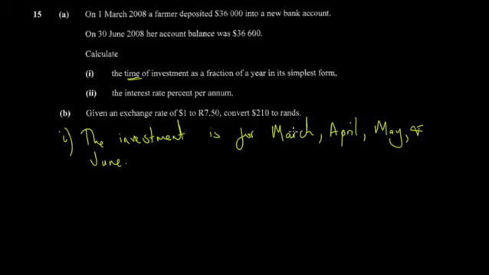So how many are there? We're including June because it ends on the 30th of June, and we're including March because it starts on the 1st of March. That means the month is included. So 1, 2, 3, 4: you have 4 months out of 12 months per year.